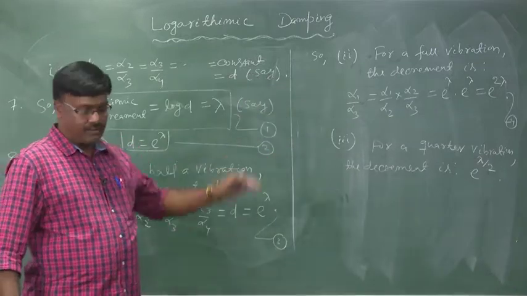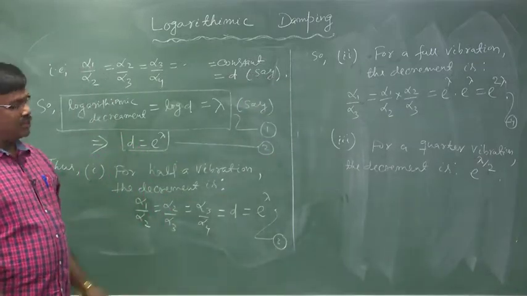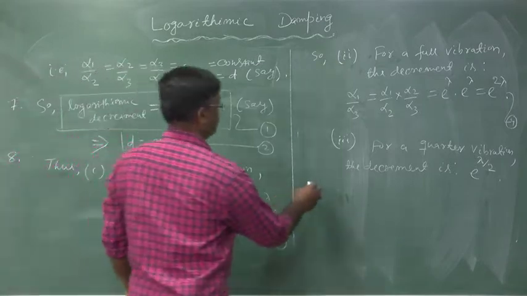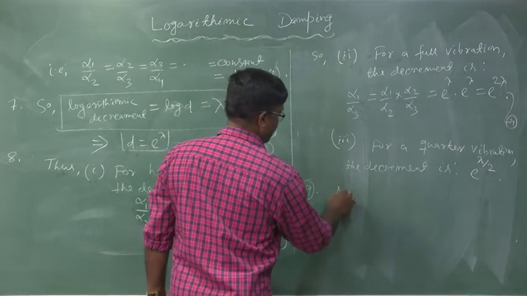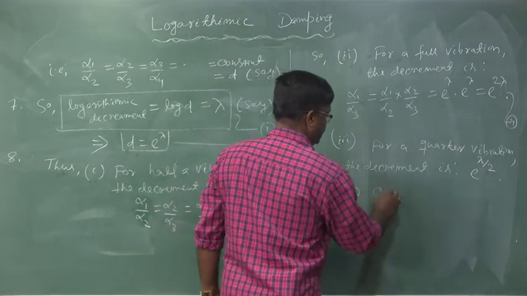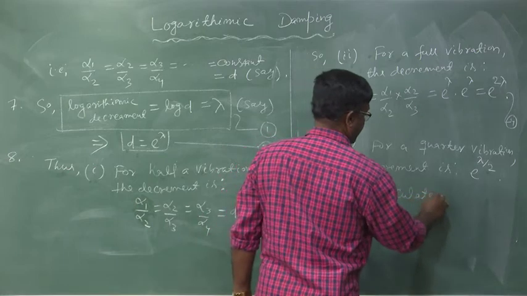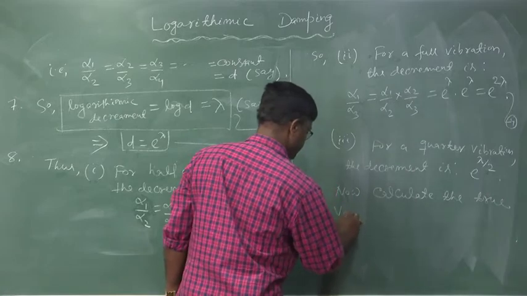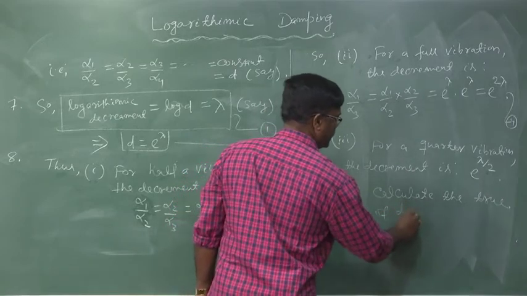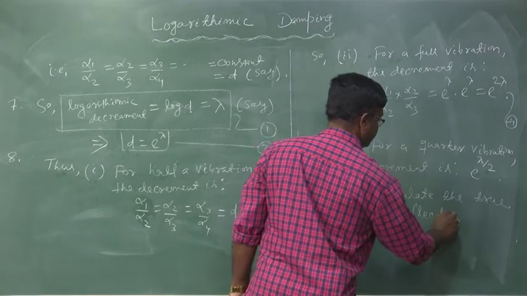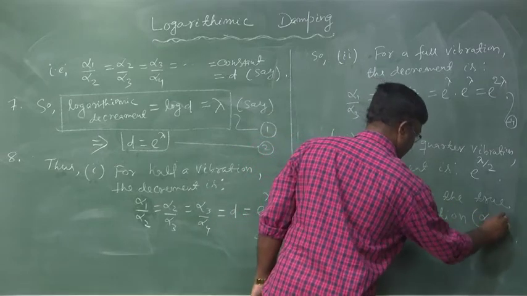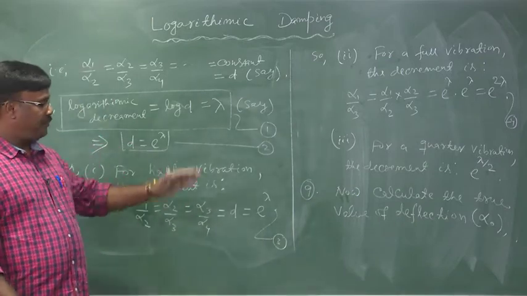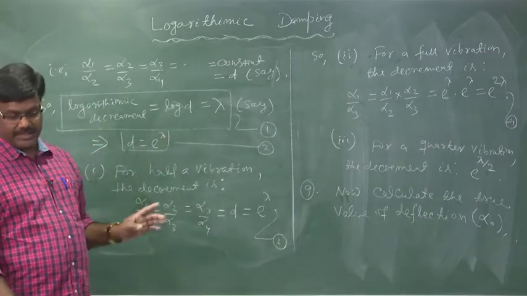So, to calculate the true value of deflection, that is alpha 0, the first throw alpha 1 is observed.